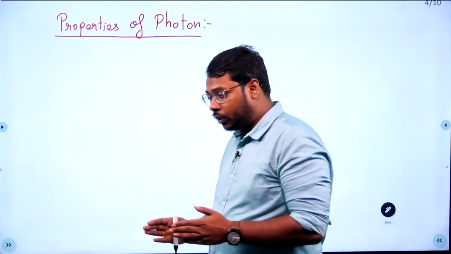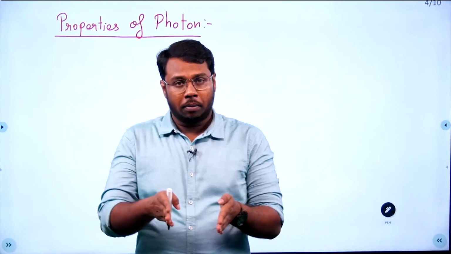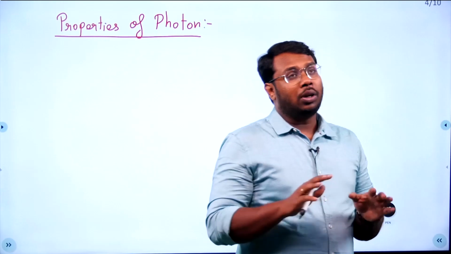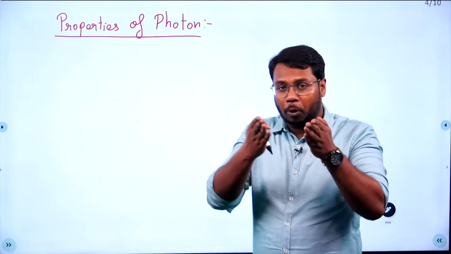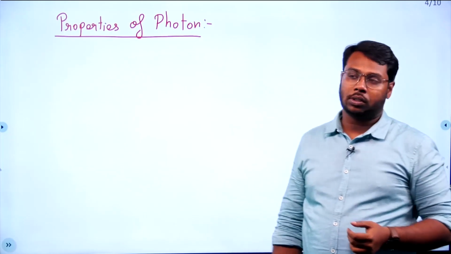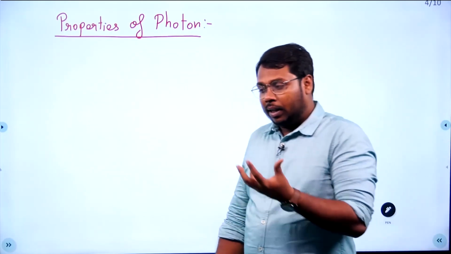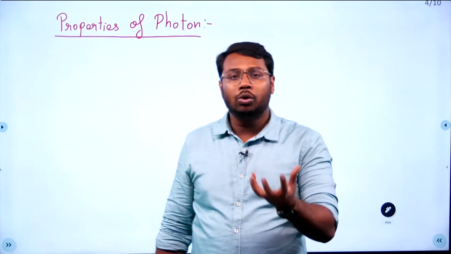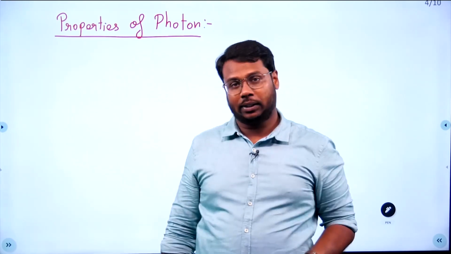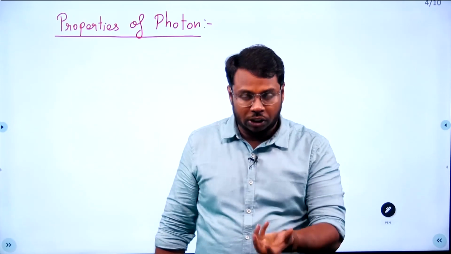Photons was first proposed by Einstein. Actually, it was not discovered or invented. He actually proposed an idea of photons. He said that the light, white light, is made up of a huge number of energy packets, each of energy h mu.